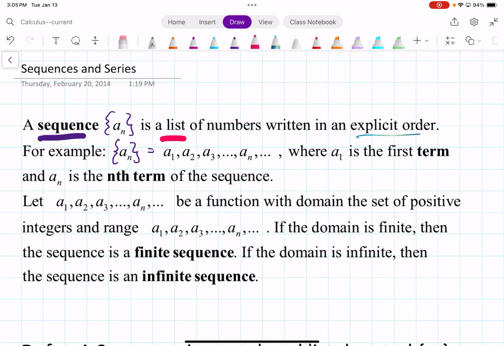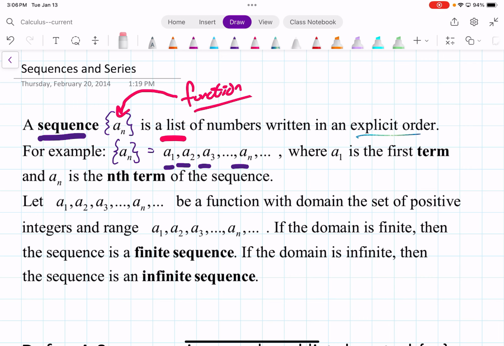When we see a sequence, we're going to use these braces, and I want you to think about this like the function. It's the definition. It's what defines the sequence's pattern. Then notice it's just values that are separated by commas, okay?